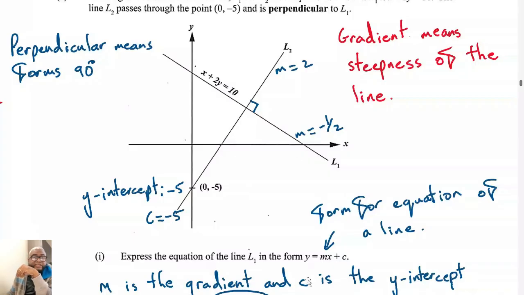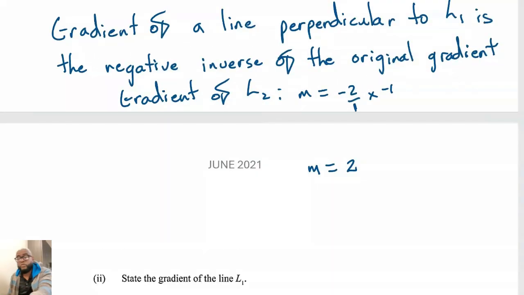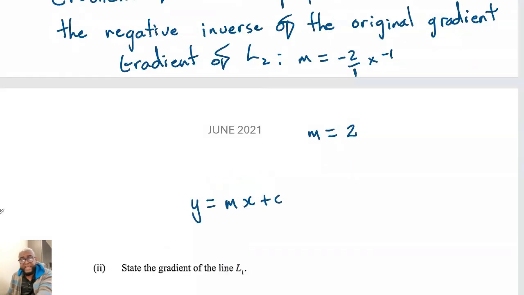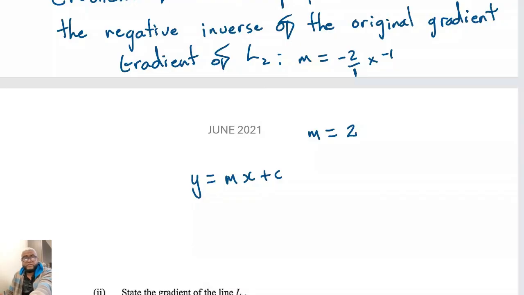We established that. So can we write it in this form? Y is equal to mx plus C. This is how it looks. So y is equal to mx plus C, which is the form for the equation of a line, right? It would be y is equal to 2x.